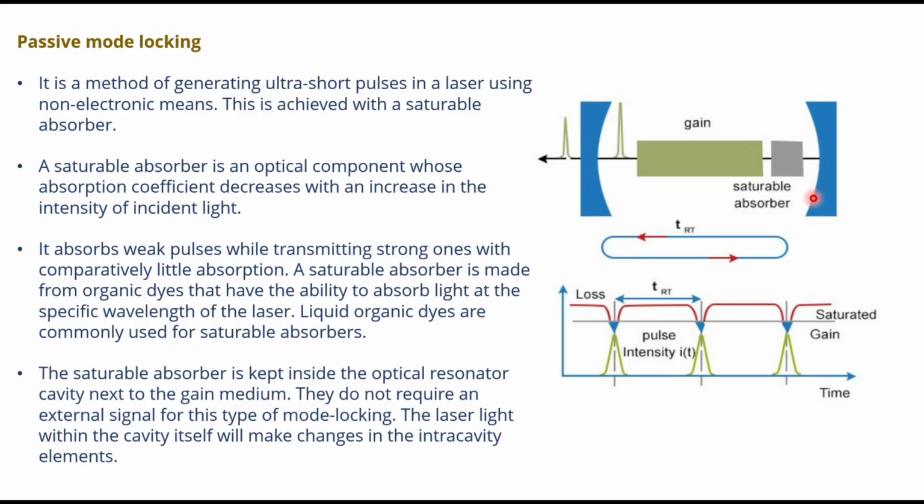This means the saturable absorber automatically selects and strengthens the strongest pulse, and every TRT, one pulse completes a full trip inside the cavity, and the laser finally emits a train of ultrashort pulses, each separated by TRT.